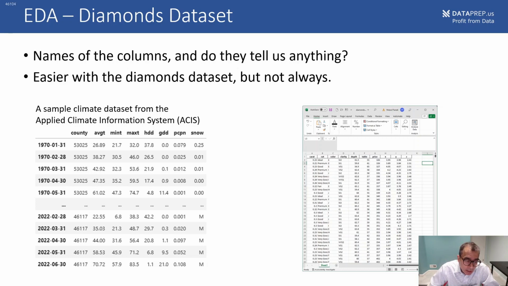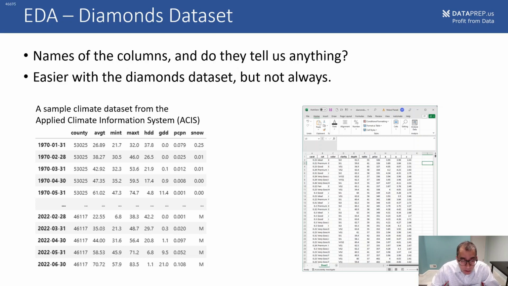So if you see the example on the left hand side, that is an extract of data from the Applied Climate Information System, and it has column names. Well, we can sort of guess it, and if we have the right contextual knowledge, we may be able to intelligently figure out what those things mean.